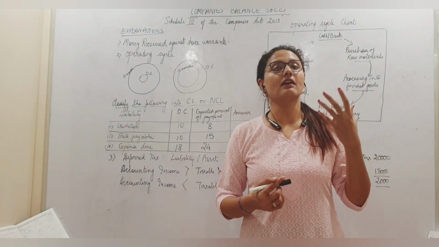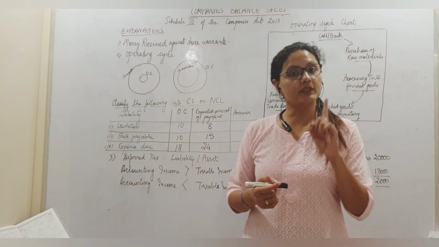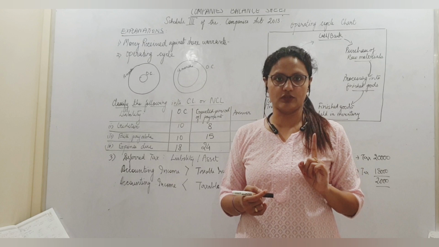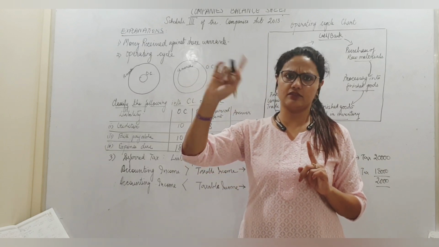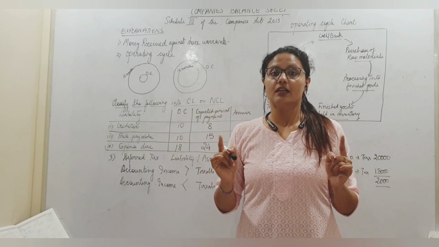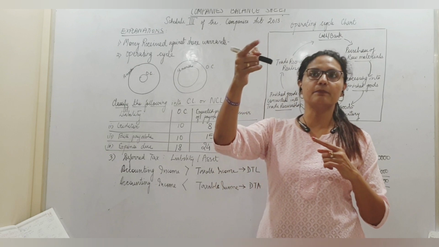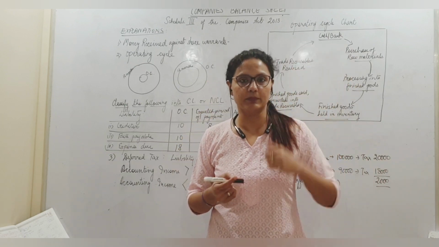Now share warrants are certificates issued by the company only, which will give you the right to purchase the shares of that particular company at a certain date in future, whenever it issues the shares, and at a certain fixed price. Because you are expecting that when the company will issue, it will issue at a higher price. So why not just book it for a lower price?